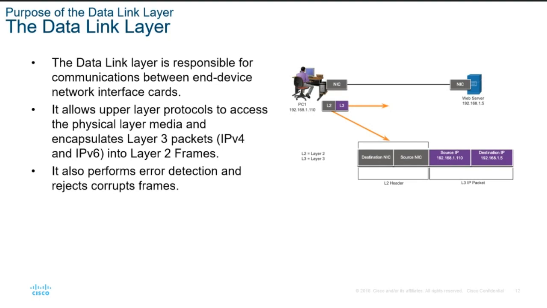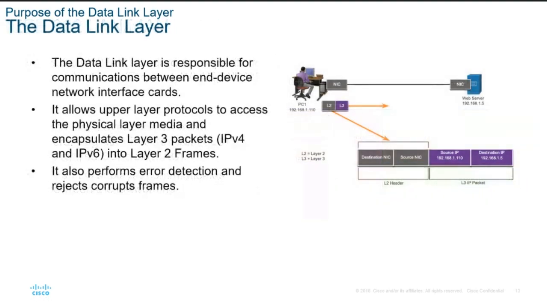Makikita sa ating figure, ito sa ating display na figure. So, take for example how the data link layer adds layer 2 Ethernet destination and source NIC information to the layer 3 packet. Yan, ito. We have the destination NIC and source NIC. So, yung layer 2.